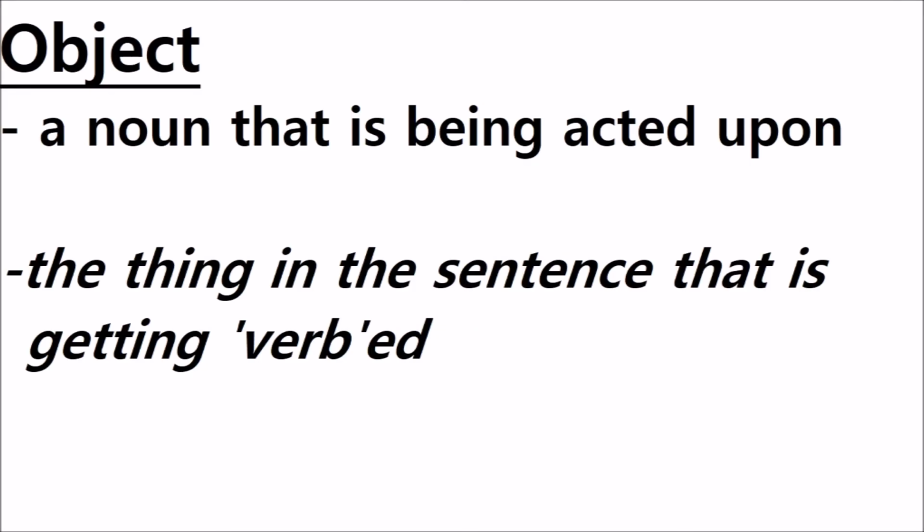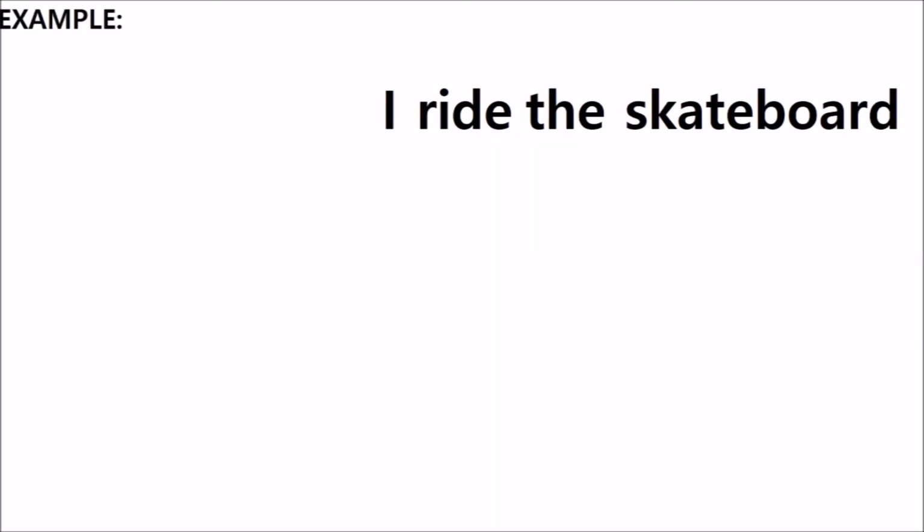But now, my fellow students, we will add another element to our sentences, an object. An object is a noun that is acted upon. It is the thing in the sentence that is not doing the verb, but instead is having the verb done to it. In a typical English sentence, we say our subject, verb, and object in the order subject first, then verb, then object.